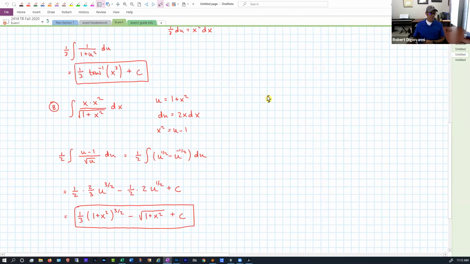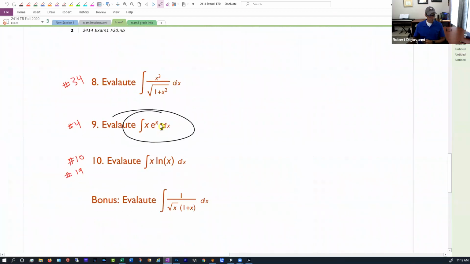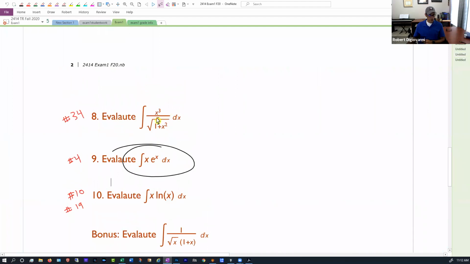Number 8 was the problem where you had x cubed in the numerator. You had to realize that x cubed is x times x squared, and then you make a substitution of 1 plus x squared. So this is a tricky problem, but let me go back here. Number 8. See right here?